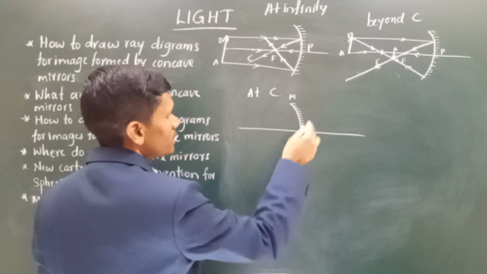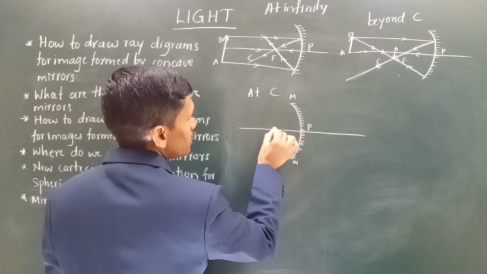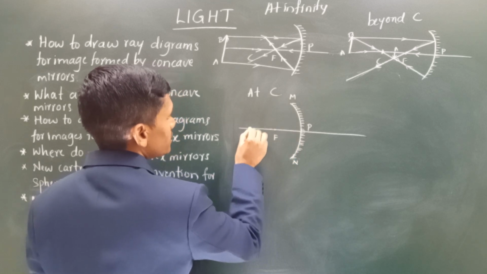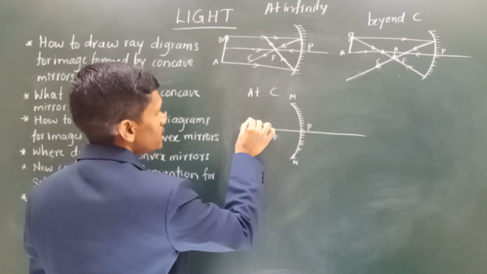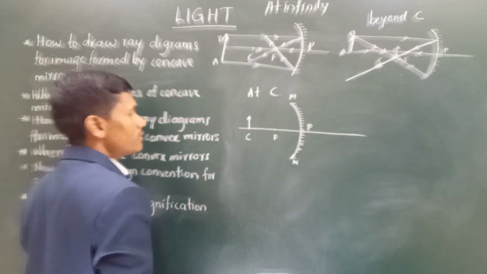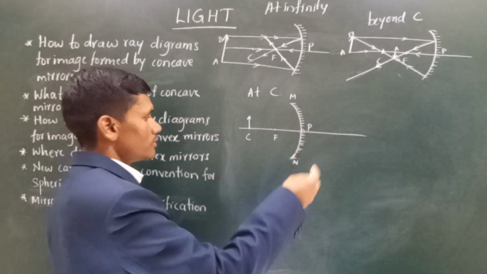Here this is the pole of the mirror. You consider here the principal focus. This is the center of curvature, that is C. Now when the object is at C, where will the image be formed? That is what we are studying here.